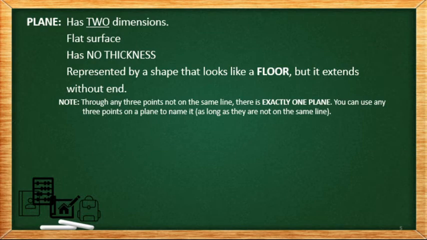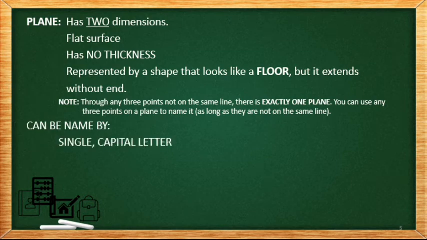So note, through any 3 points not on the same line, there is exactly one plane. So alamin natin kung anong tawag dun sa mga points na yun kapag wala sila sa isang line. You can use any 3 points on a plane to name it as long as they are not on the same line. Ano kayang tawag doon kapag they are not on the same line or on the same line? Malalaman natin yan mamaya.